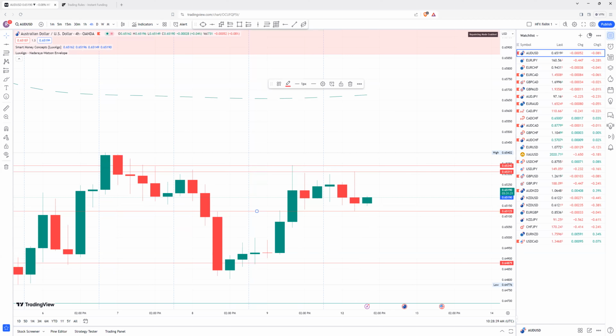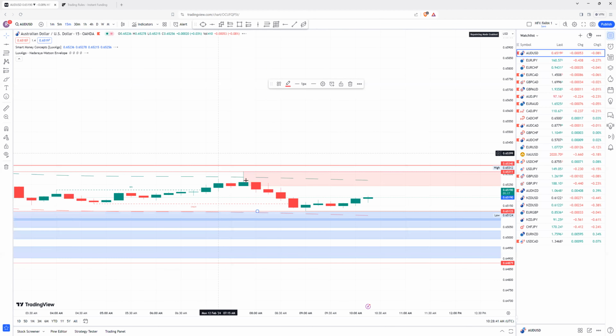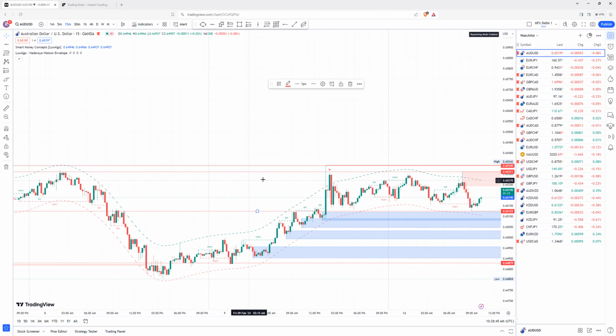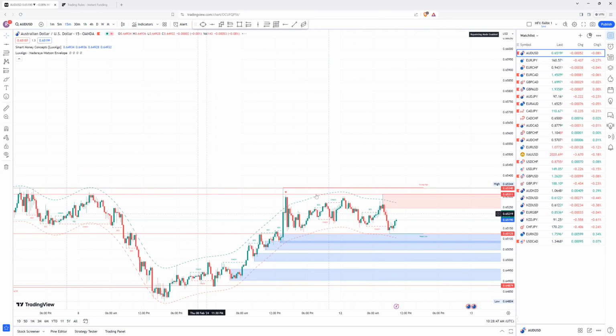You go straight down to 15 minutes and 5 minutes. What you are looking for in 15 minutes and 5 minutes is a nice order block in between the high and the low of those candlesticks you marked up from daily and 4 hour. So right here, we are seeing that in between this place, we can get a trade.